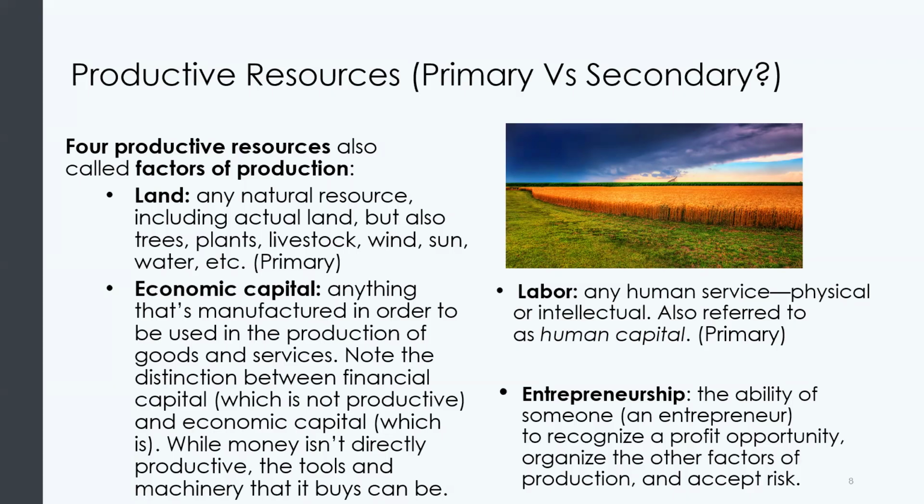It also means the livestock on that land, the kudus, the buffaloes, the elephants. It also means the wind, the sun, the trees, etc. So all of the natural resources, the gold, all of those things, are part of land as a resource.